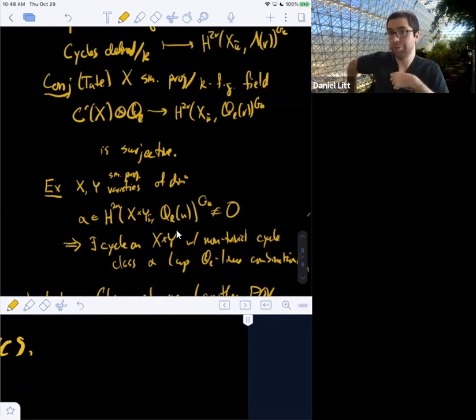It also factors through cycles modulo algebraic equivalence, if you put Q_L here, or in fact in general if you're over an algebraically closed field. What you can do, of course, is mod out by the kernel of this map, and it obviously passes through that quotient.